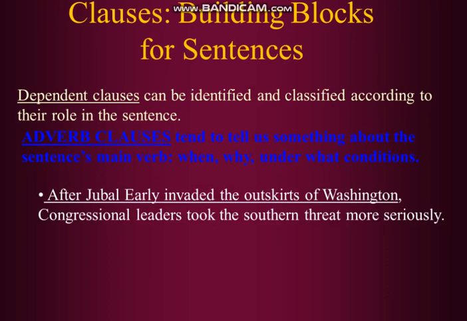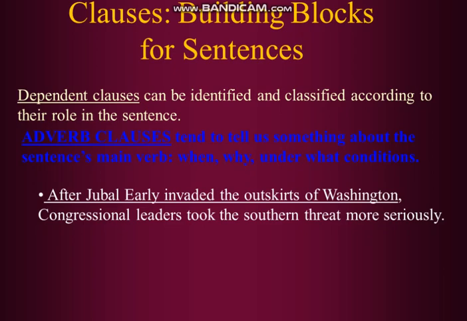See the example. After Jubal Early invaded the outskirts of Washington, congressional leaders took the southern threat more seriously. So in this sentence, two clauses.